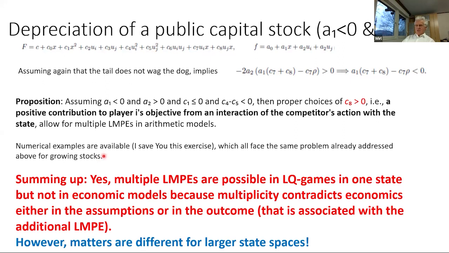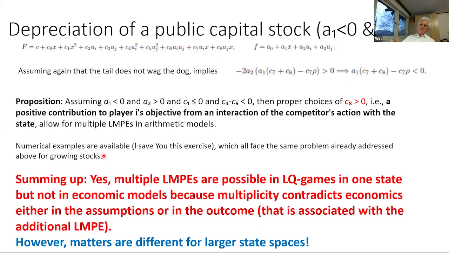So summing up, yes, given this general analysis, yes, multiple LMPEs are possible in linear quadratic games in one state, but not in economic models, because multiplicity contradicts economics, either in assumptions, this applies to Gerard and Lockwood, or in the outcomes. This is in the two examples that I gave to you, in which the second or the additional linear Markov perfect equilibria leads to economically meaningless outcomes.